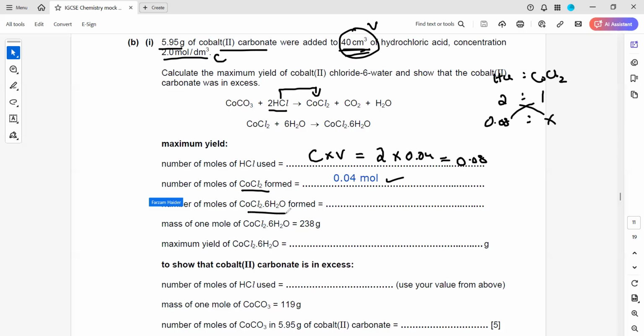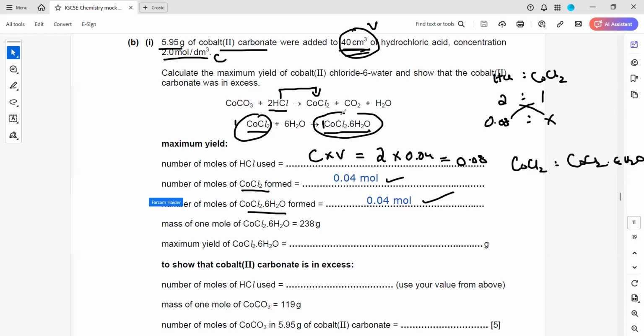Number of moles of cobalt chloride hexahydrate. Now from cobalt chloride to hydrated cobalt chloride, what is the ratio between them? 1:1. So if the ratio is 1:1, you'll get the same answer. Because if I have cobalt chloride and I need hydrated cobalt chloride, according to the question, 1 cobalt chloride gives 1 hydrated cobalt chloride. So the ratio is 1:1.